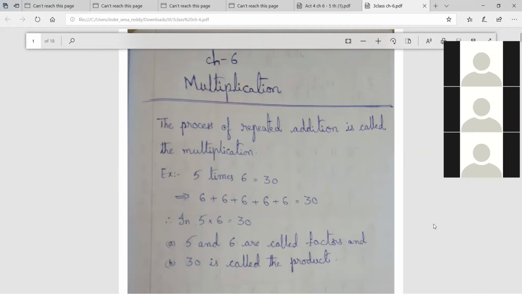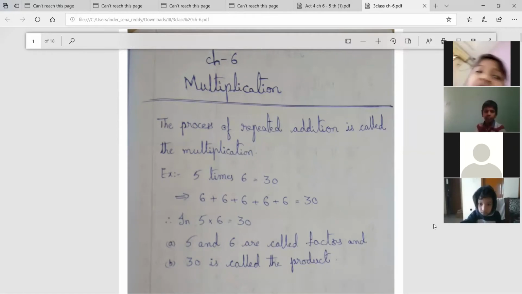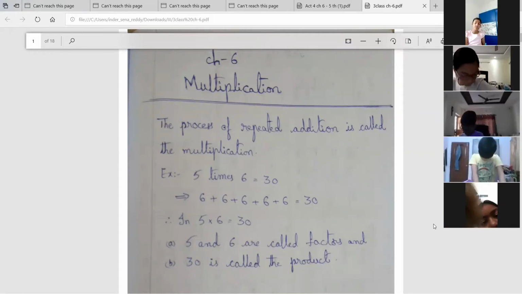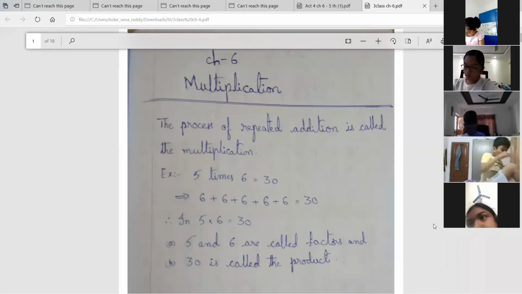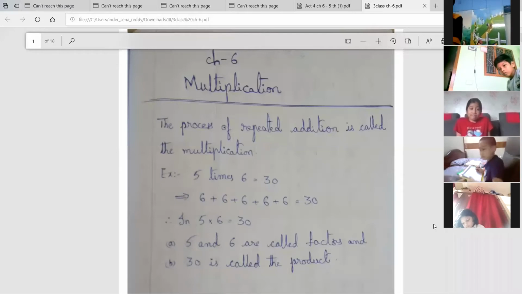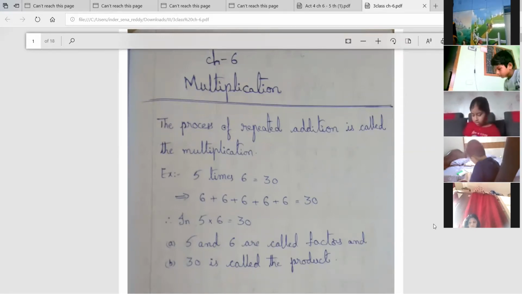What is your name? Nagalasya, ma'am. After copying from the board, you write properties of multiplication. In your textbook also you have it on the page number. Okay, ma'am. Ma'am, scroll down.